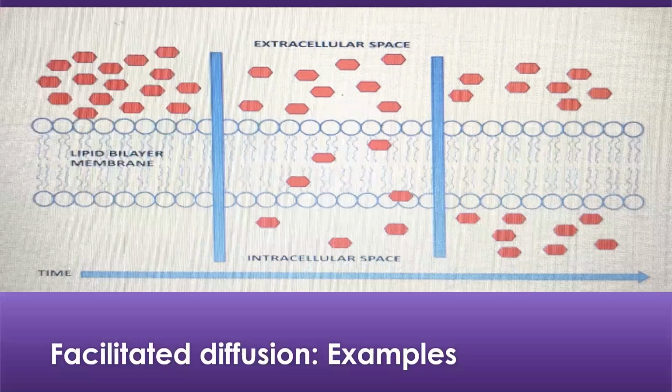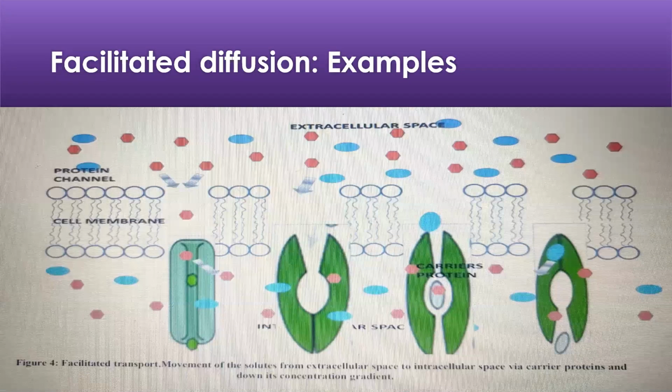Now the third part of our transport is facilitated diffusion. In this type of diffusion, the movement of molecules across the plasma membrane is carried by a special type of transport proteins.